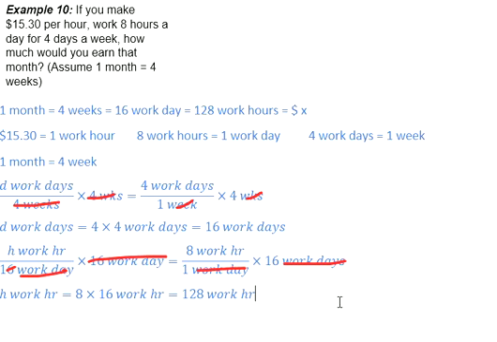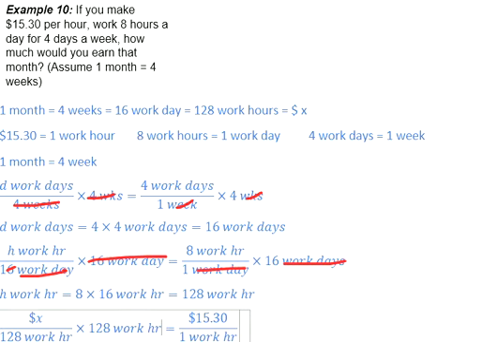And now I just have one more conversion. So I can say my X number of dollars for 128 work hours is going to equal $15.30 for 1 work hour. Multiplying both sides by 128 work hours.